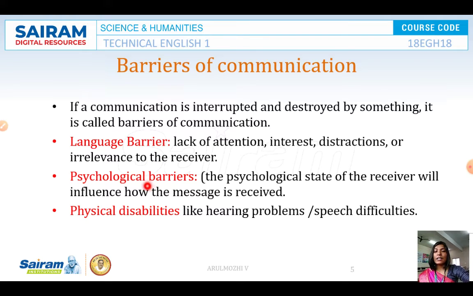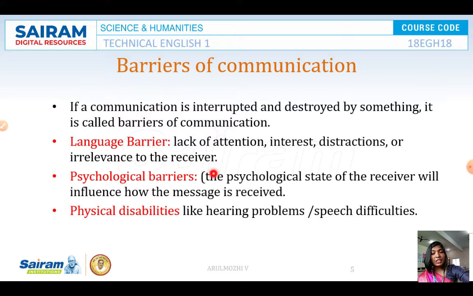Next one is the psychological barrier. What is this psychological barrier? The psychological state of the receiver will influence how the message is received. For example, when the speaker is communicating while the receiver is affected by a personal issue, then he cannot completely receive the message.